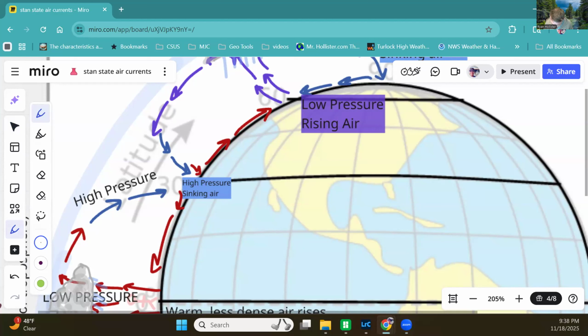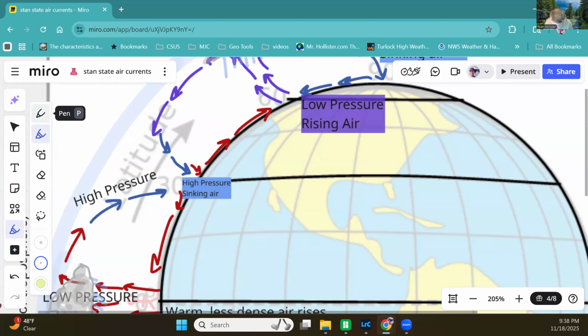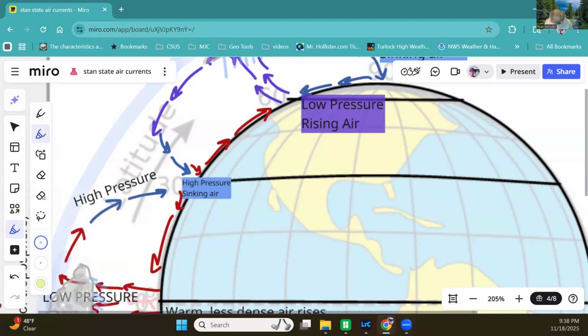So how am I going to have you guys demonstrate this? Well, I think an easy way is something that's only found in certain deserts in the world and not all of them. I'm just going to draw a little cactus right here, like a saguaro cactus, just to represent that it's dry and that it's hot.